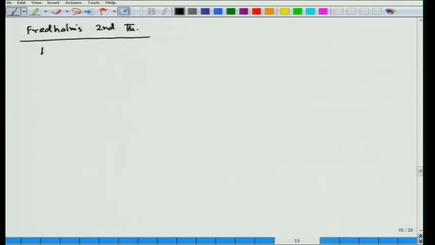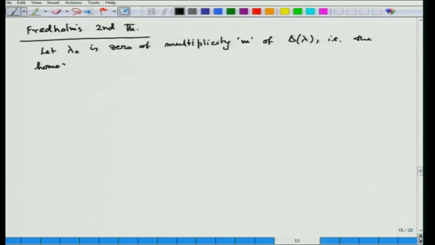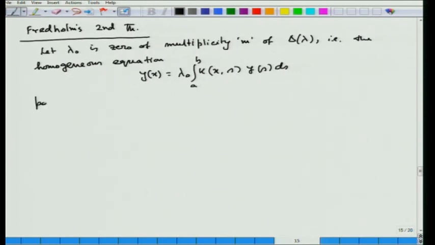It states that let lambda 0 be a zero of multiplicity m of delta(lambda). Then the homogeneous equation y(x) = lambda 0 integral from a to b of k(x, s) y(s) ds possesses m linearly independent non-zero solutions.